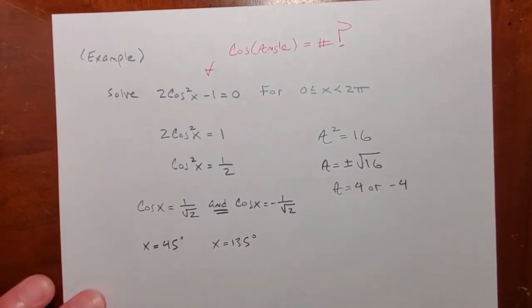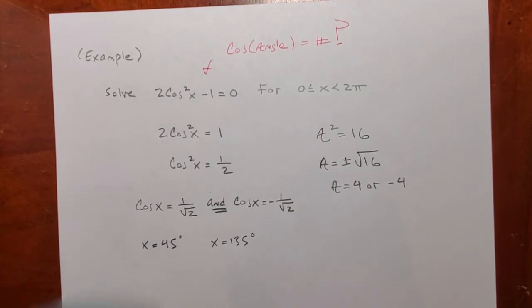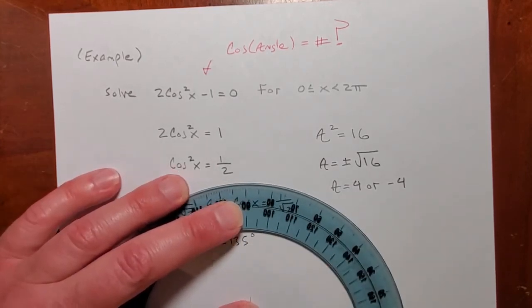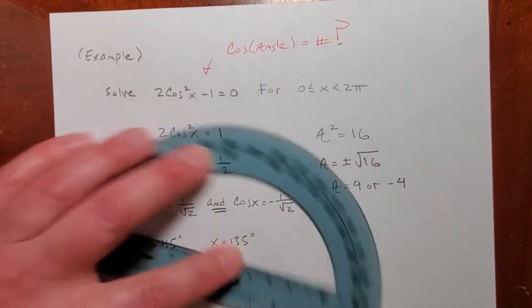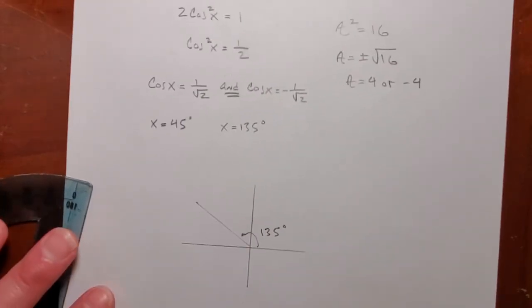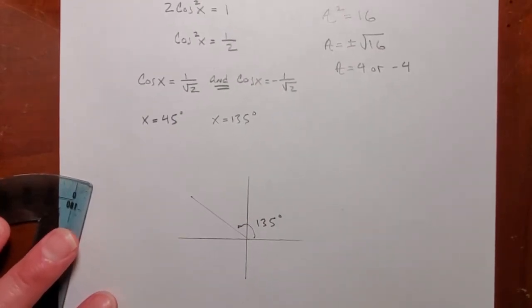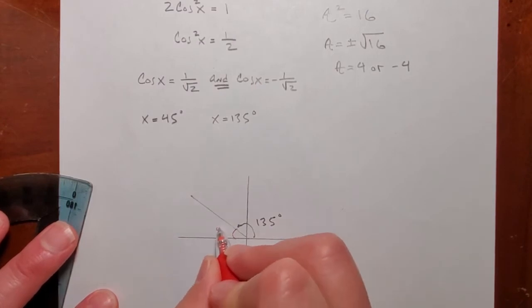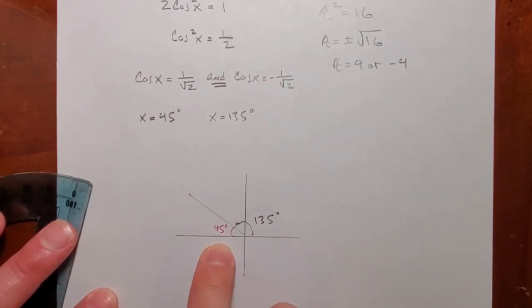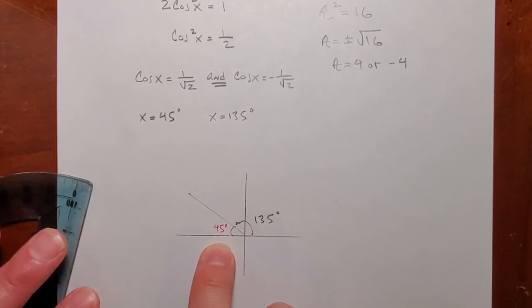What's 135 degrees based on? When you think or imagine what 135 degrees is, it looks like this. 135. It is 45 degrees shy of 180. Okay? All right.